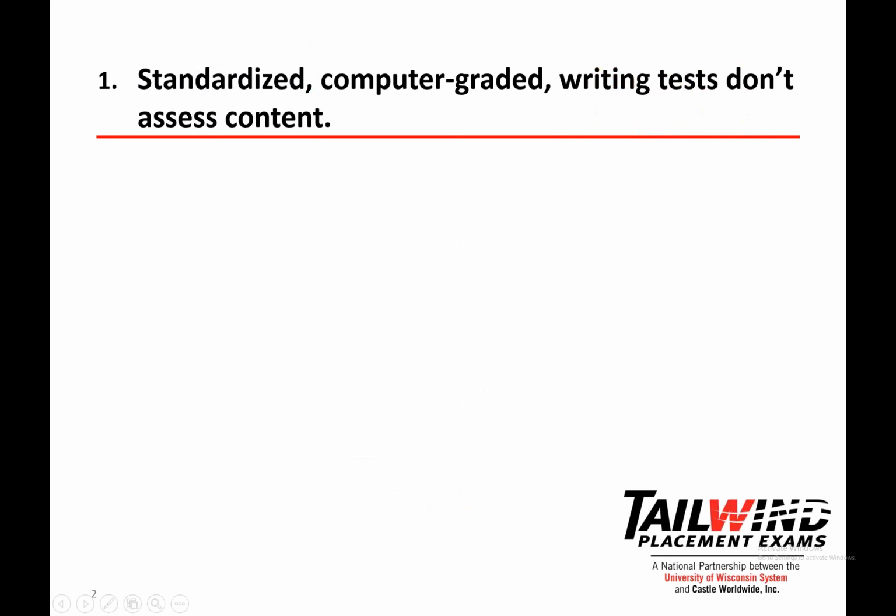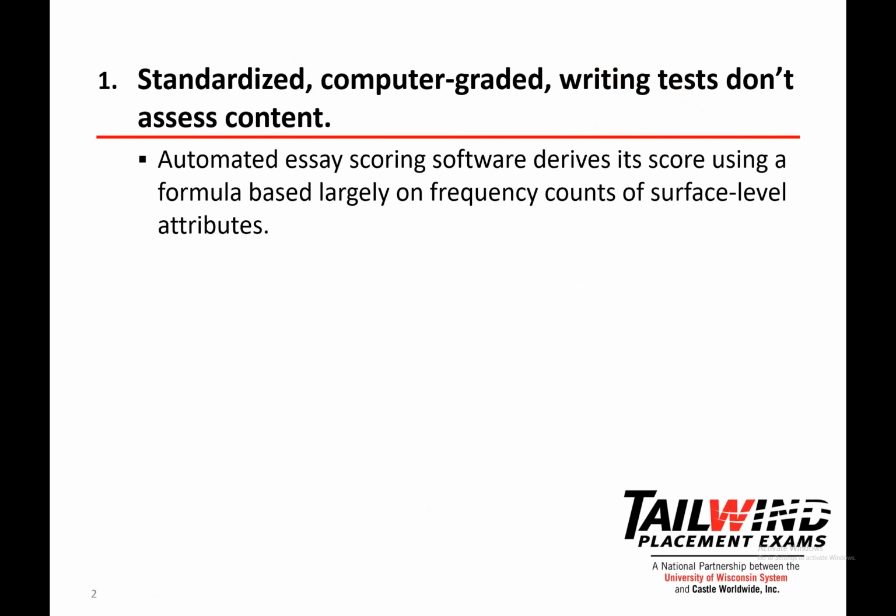What is really interesting here, though, is that the variables that are considered by the computer algorithm tend to be these surface-level, countable variables, things like average sentence length, number of paragraphs, counts of subject-verb disagreements, the average number of syllables per word, count of numbers of transitional words, or use of low-frequency vocabulary, that sort of thing.